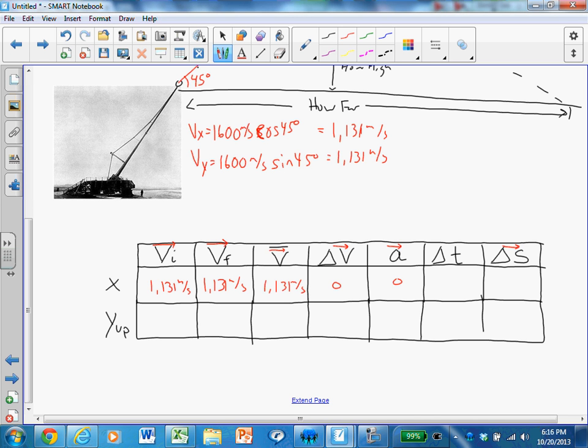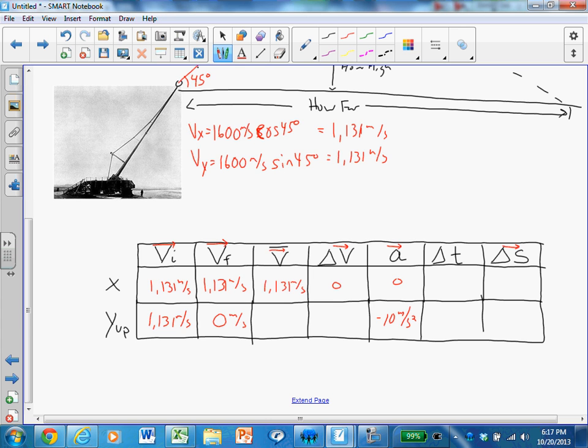We know the Vy is initially 1,131, but since we're going to find how high it went, we're going to bring that up to a Vf of 0 meters per second. We know A is minus 10 meters per second squared.